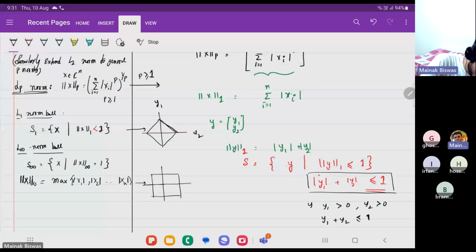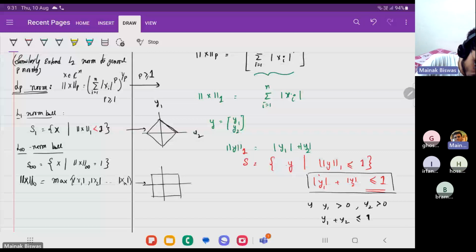Yes. Everything here. So what happens if you take the mod? Remember your graph plotting. If you take a mod on the x-axis and on the y-axis, they become mirror images across the x and y axes. Right? You have taken a norm on both axes, so you will get all these lines. Yes or no? You can check. How will you check? Say y1 is less than 0. So what will you have? Minus y1 plus y2 less than or equal to 1. Correct?